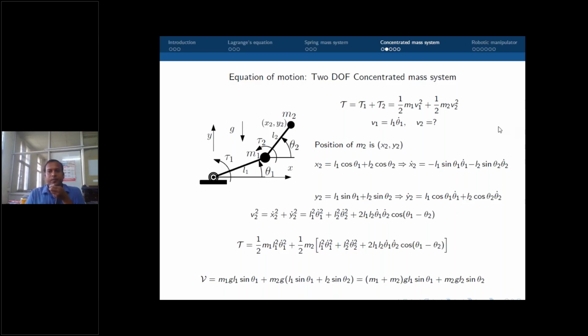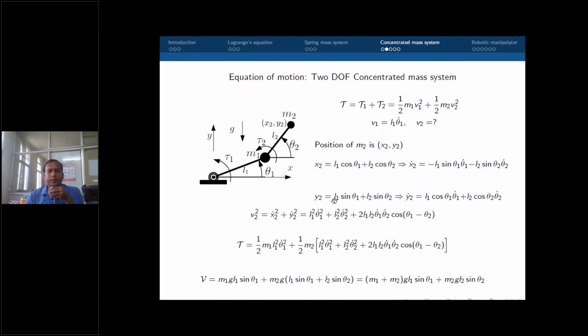Let us assume the position of mass 2 is given by x2, y2, as written just beside the figure. x2 is given by L1 cos theta 1 plus L2 cos theta 2, and y2 is L1 sin theta 1 plus L2 sin theta 2. So that is the position x2, y2 given by theta 1 and theta 2.